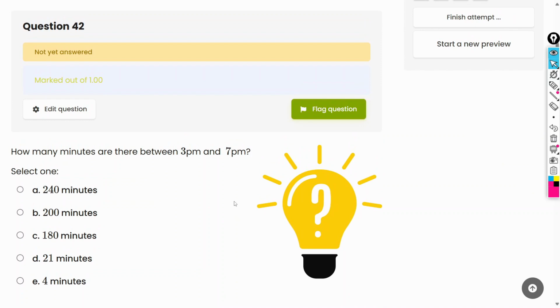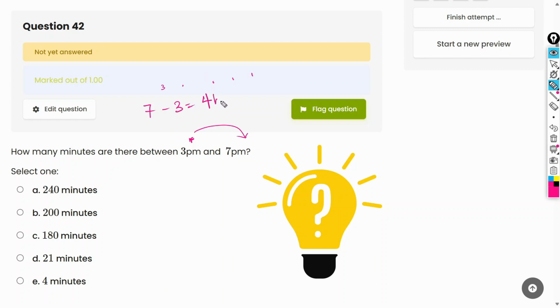How many minutes are there between 3 p.m. and 7 p.m.? So first things first, we need to find how many hours between 3 p.m. and 7 p.m. So from 3 to 4 to 5 to 6 to 7, or we simply do 7 minus 3, which is 4.